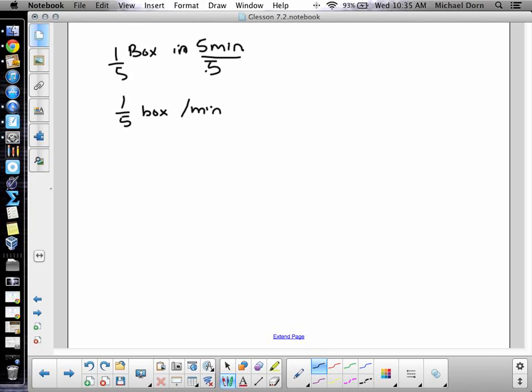So converting that to a rate is one of these typical standardized test things. Jen unloads a box in 3 minutes. So Jen is one box in 3 minutes. If you divide both by 3, we get 1/3 of a box per minute.